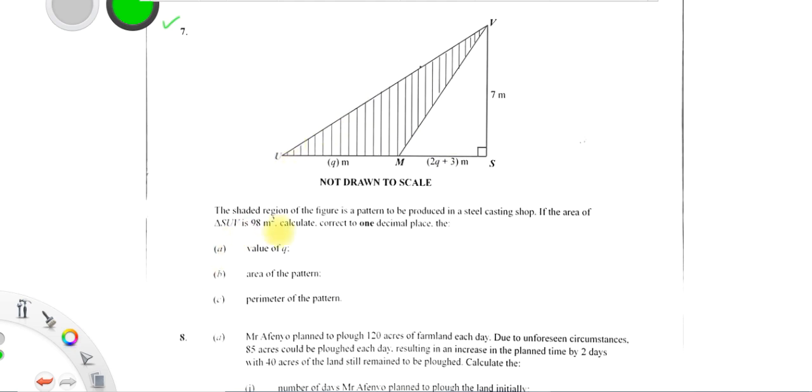We say that the shaded region of the figure is a pattern to be produced in a steel casting shop.